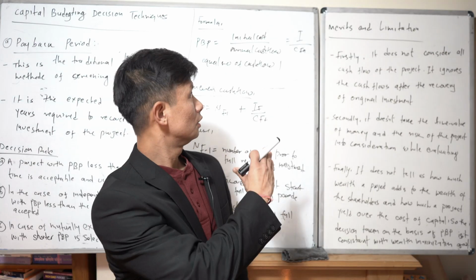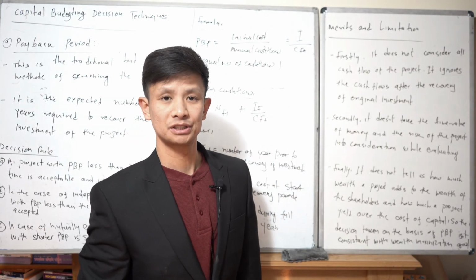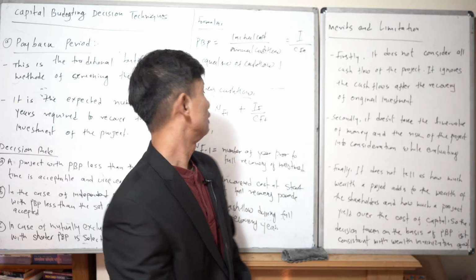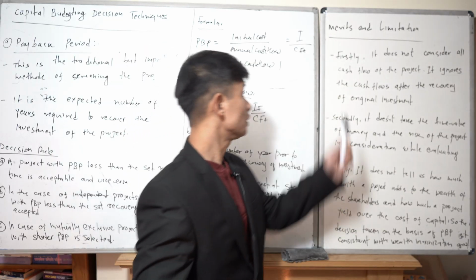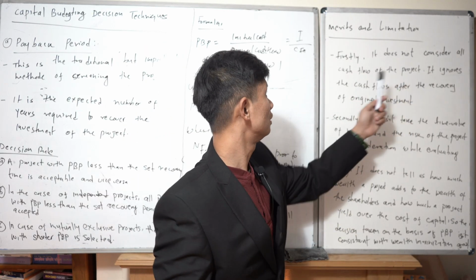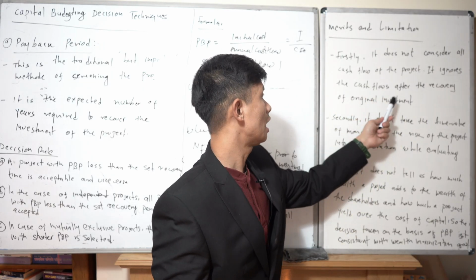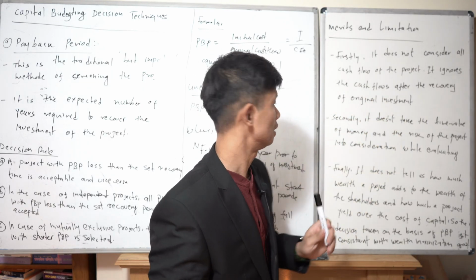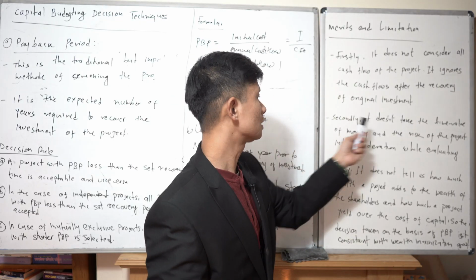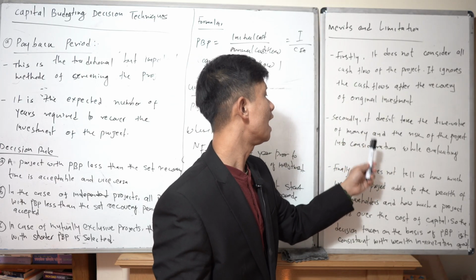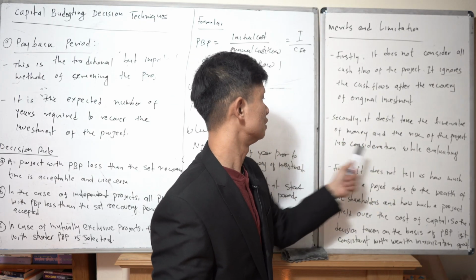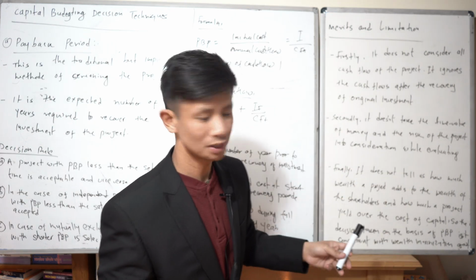Now let's have a look at the merits and limitations of the payback period. Firstly, it does not consider all the cash flow of the project, so it ignores the cash flow after the recovery of the original investment. Secondly, it doesn't take the time value of money and the risks of the project into consideration while evaluating the projects.